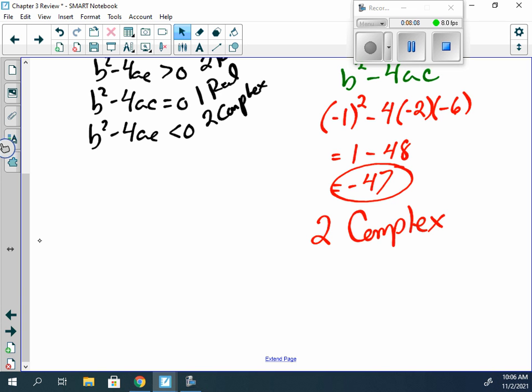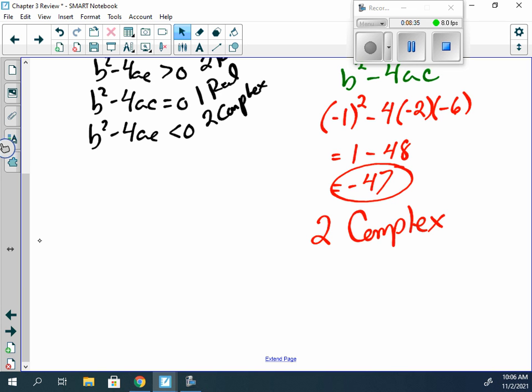If it's equal to 0, I know I'm going to have one real solution. If it is less than 0, I know it's complex, so graphing and factoring won't work no matter what we do. And if it is greater than 0, there's a good chance factoring will work. We'll have two real solutions. It gives us an idea of what the solutions would be. Now, the other part was, what was it saying in the directions here?